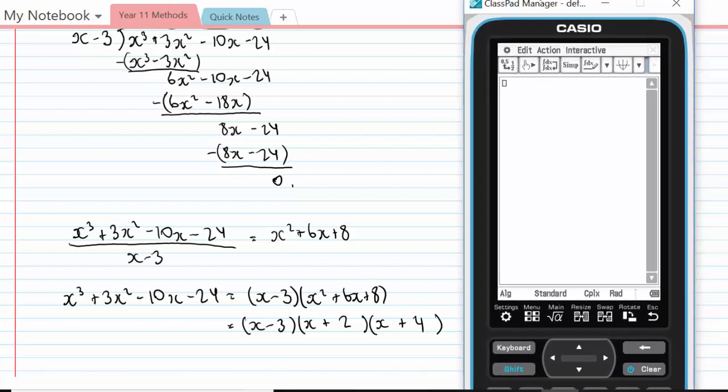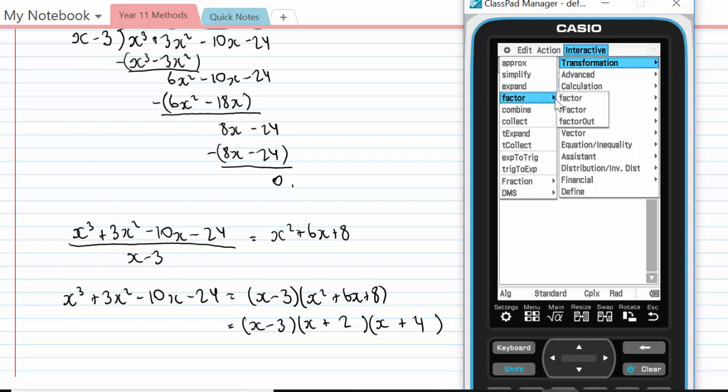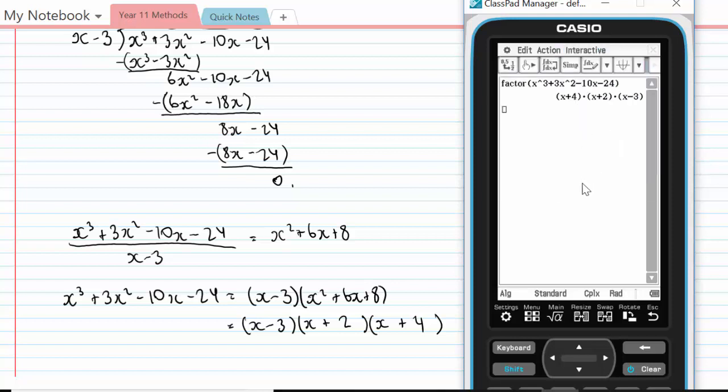Alright, so what I can do is type in the original problem, x cubed plus 3x squared minus 10x minus 24, and then I can just factorize it by highlighting, interactive, transformation, and then factor, and there we have it. Obviously, if you were to get surds in those factors, then you would need to use R factor instead. So again, you can just use R factor all the time. That will always work for you.